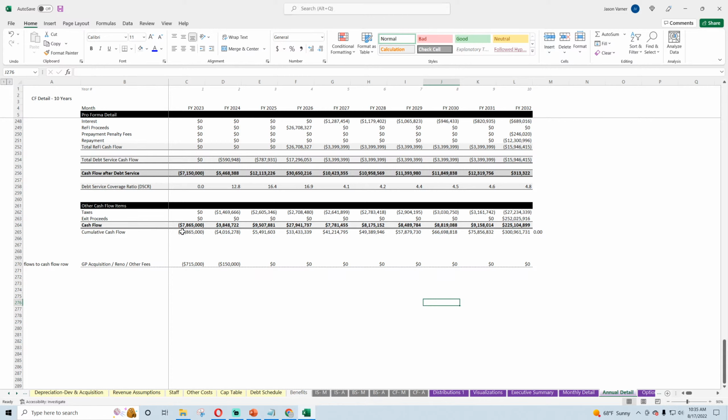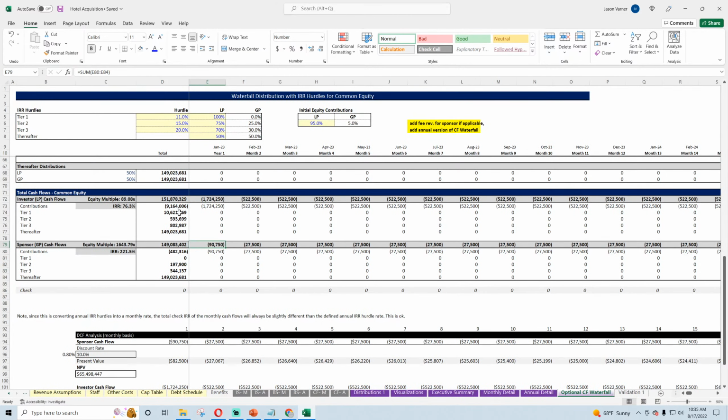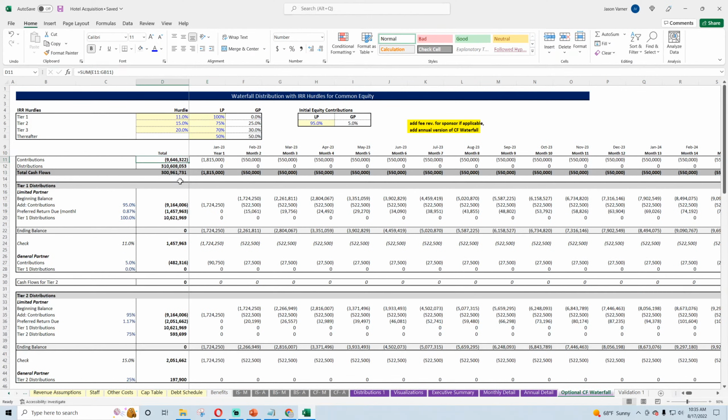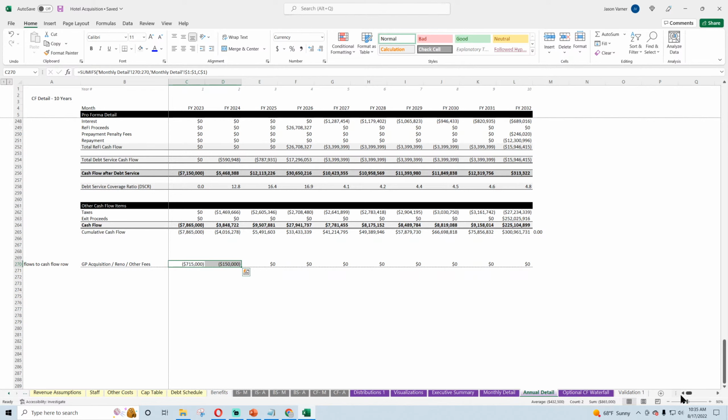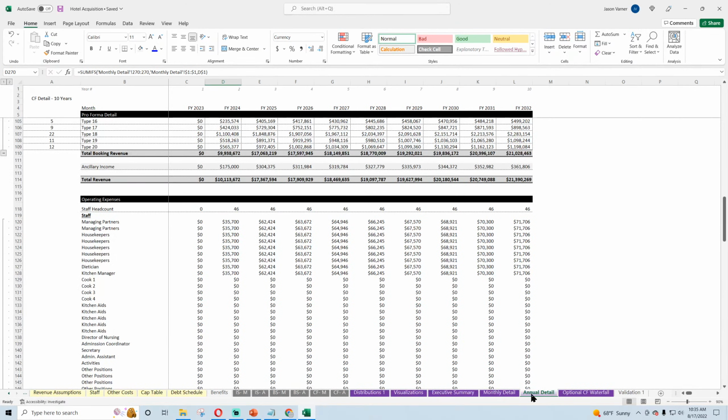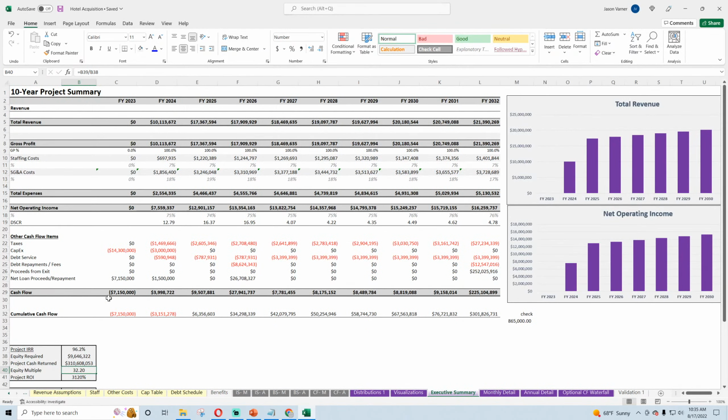All right. Now our total required equity for the deal has gone up to 9.6, which is the amount that we just added fees for. Let's see. So we have that in. We want to show that on the executive summary because you can see we're out here.